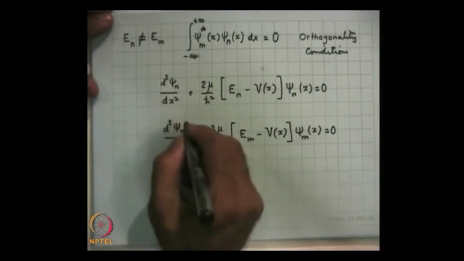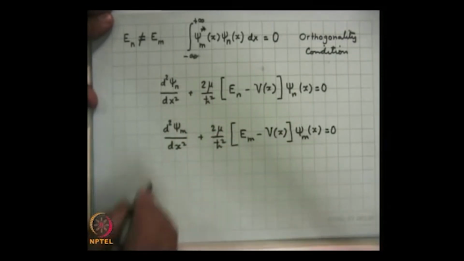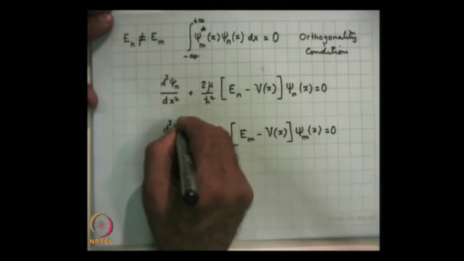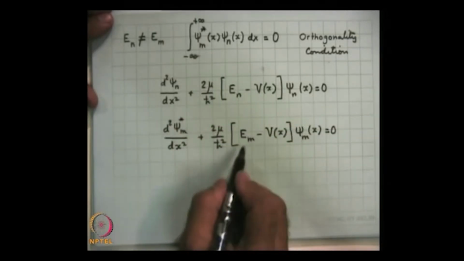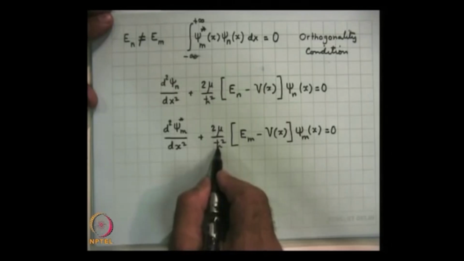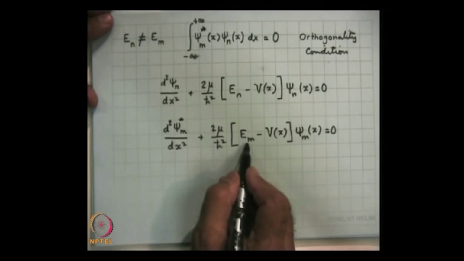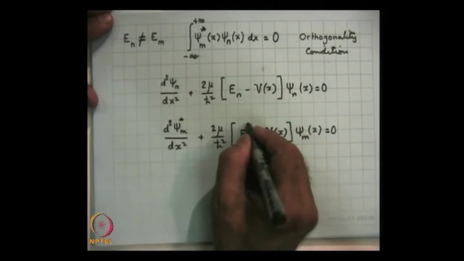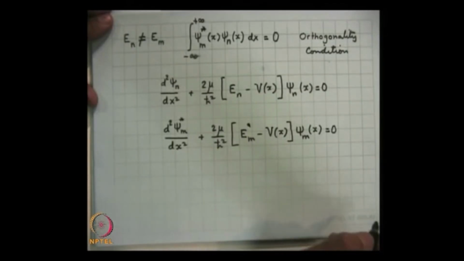What we do is, we take the complex conjugate of the second equation. Of course, mu and h cross are real quantities. E m we have proved just now to be real, so E m star is equal to E m, and we do not have to do anything there.